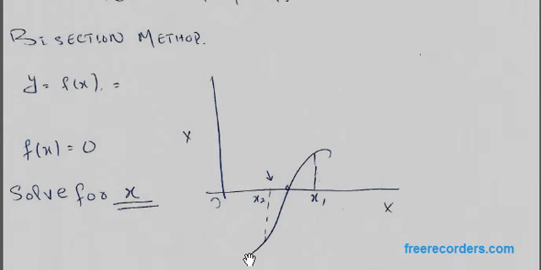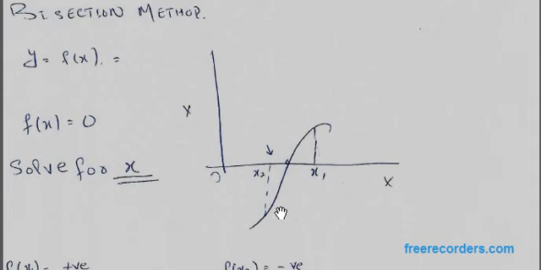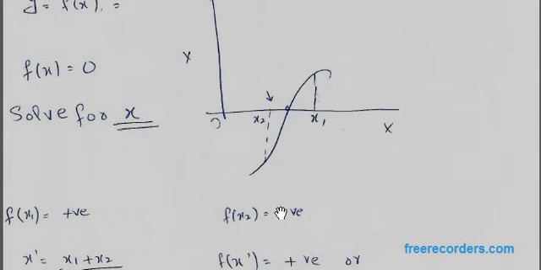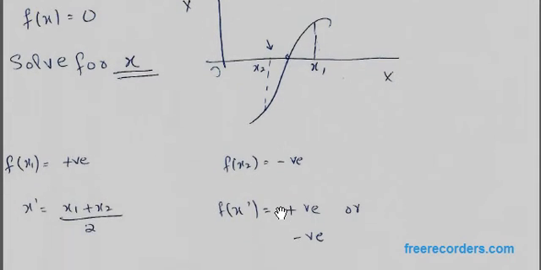So how will we find this value? I will find it if I have a value above the x-axis, suppose this is my x1, and another value below, suppose this is x2. In this case my f of x1 is positive and my f of x2 is negative.